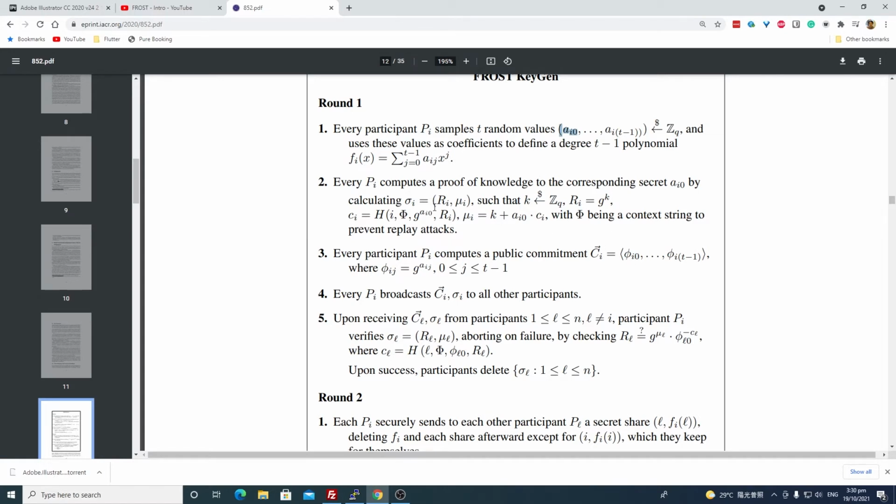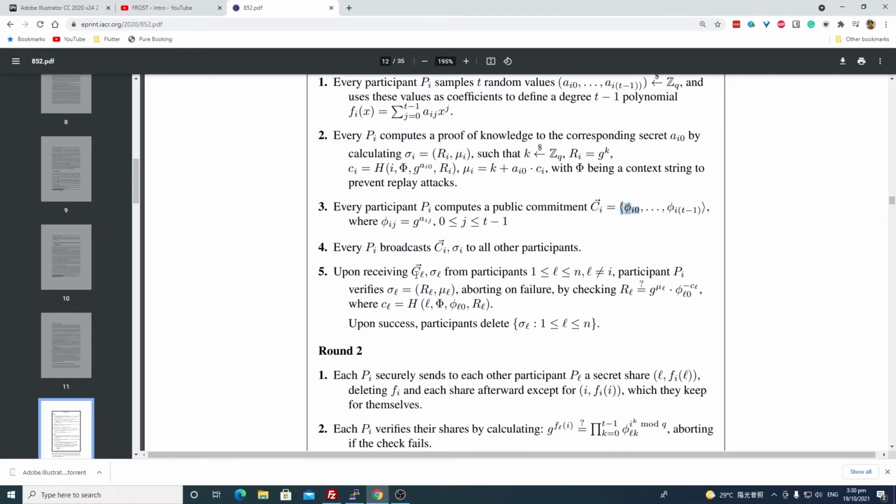So that signature sigma i is a signature for that public key and that message. Okay, so step 4, we send this commitment vector as well as the digital signature. This is a vector, so it has many terms, and sigma i is just the signature on the first term.